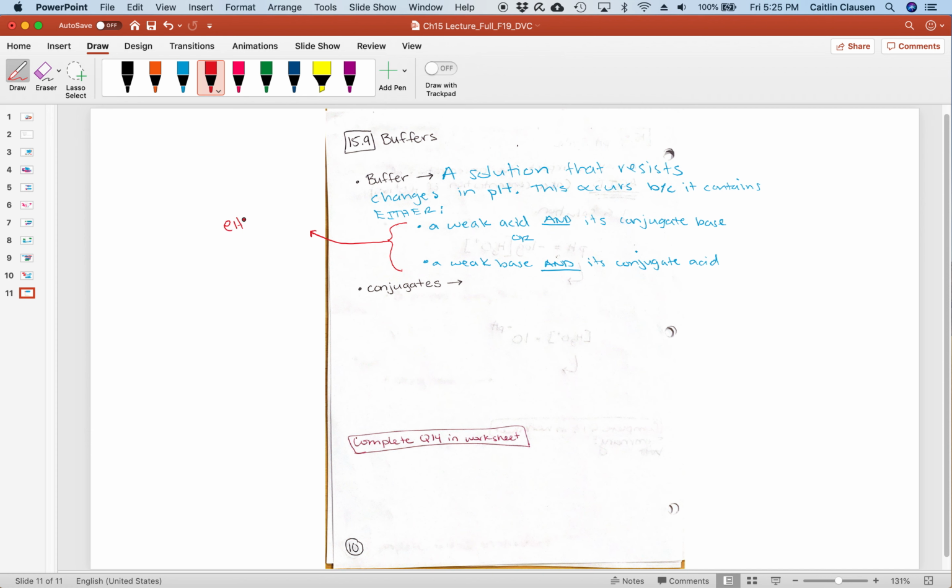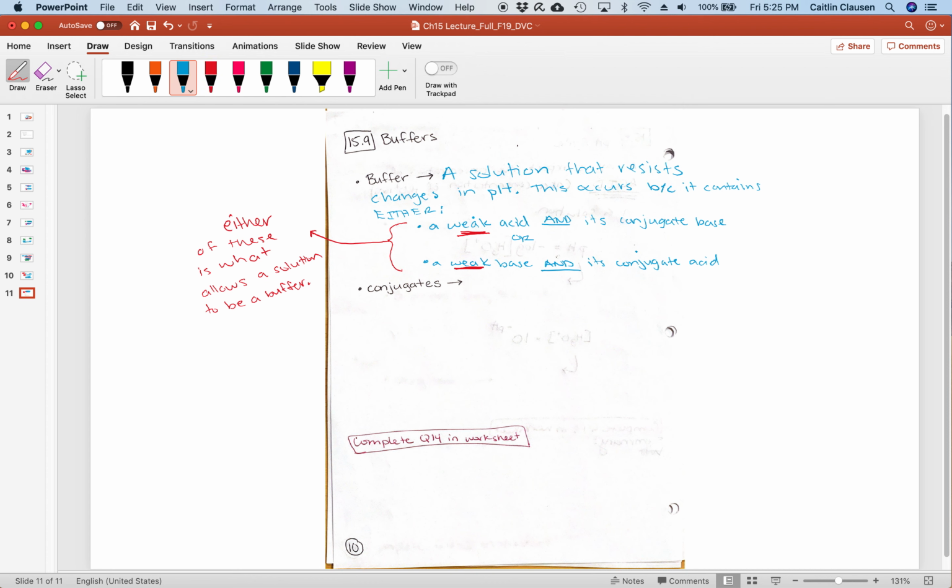The fact that it contains either of these is what allows the solution to be a buffer. It has to be a weak acid or base. Let's define some conjugates.